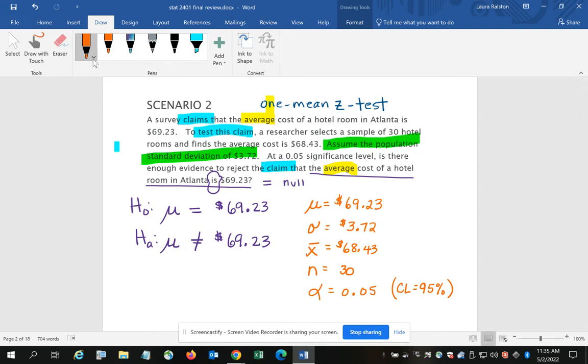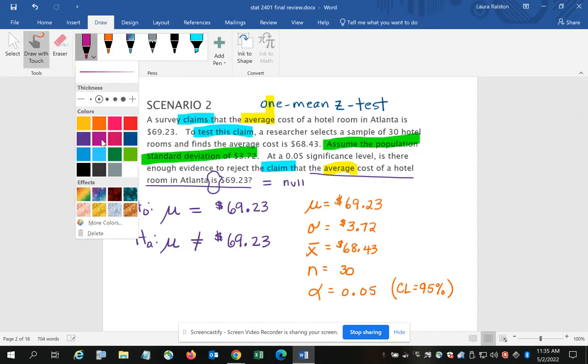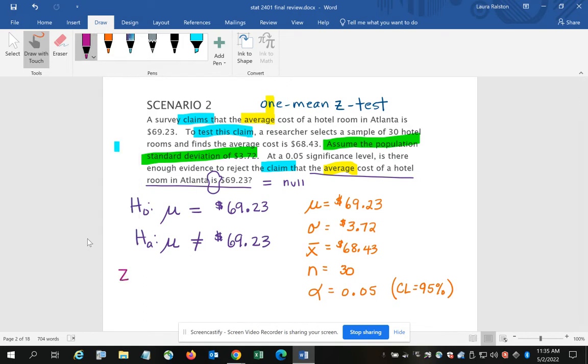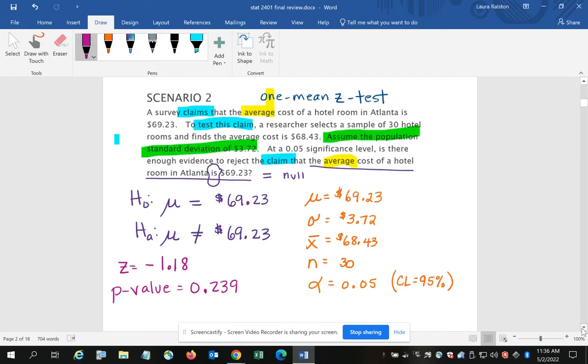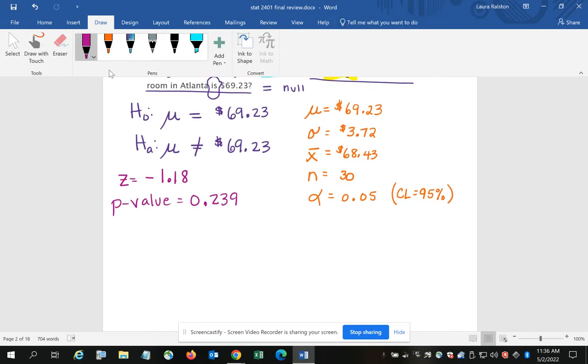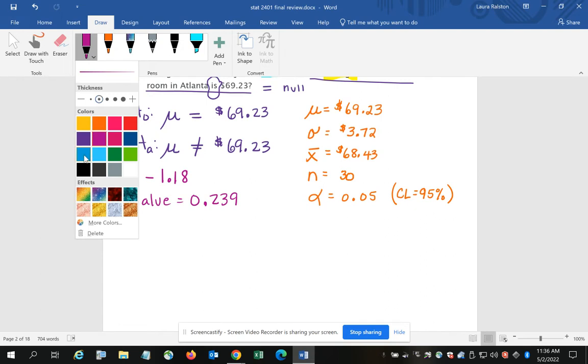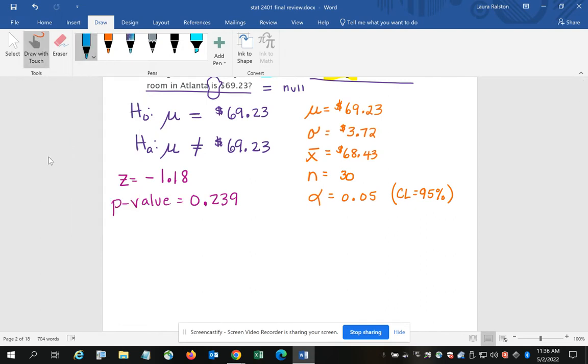Okay, so my test statistic from Minitab, the z is negative 1.18. The corresponding p-value is 0.239. I then have to make my decision. I make the decision by comparing the p-value that we just got from Minitab to the alpha that was given in the problem. So my p-value is 0.239.